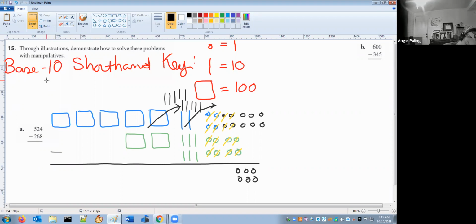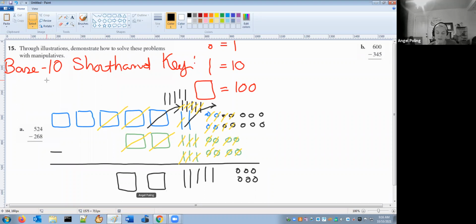So we'll do 1, 2, 3, then another 1, 2, 3. That gets rid of these, and I'm left with 5 from above, right next to my key. And now I'm going to try to take away these 2 hundreds from the image above, which I can. And I'm left with 2 blue squares, right?